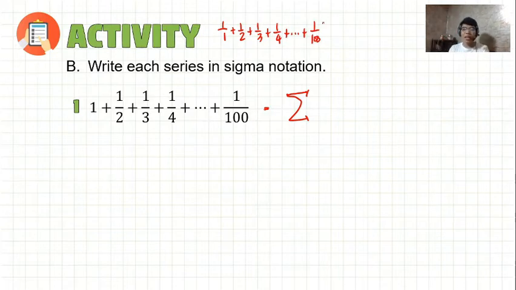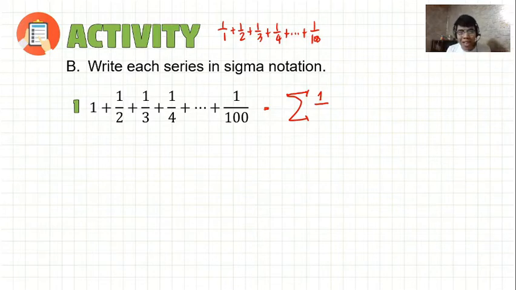So, what we will do here, look at the constant and which one is changing. So, from here, our constant is the numerator. It did not change, right? So, therefore, in our summation, 1 should not change. So, the numerator should still be 1. So, we have 1 here. The denominator is the one that changes. So, it is the one we replace. It is a variable because it changes. Right? If we are talking about a variable, it changes.